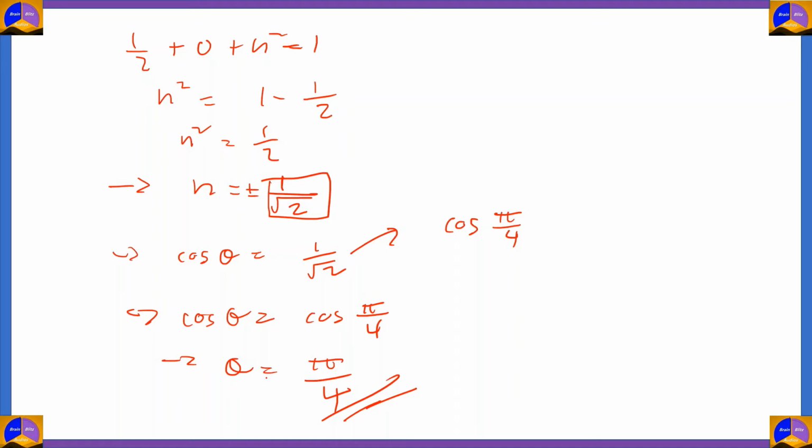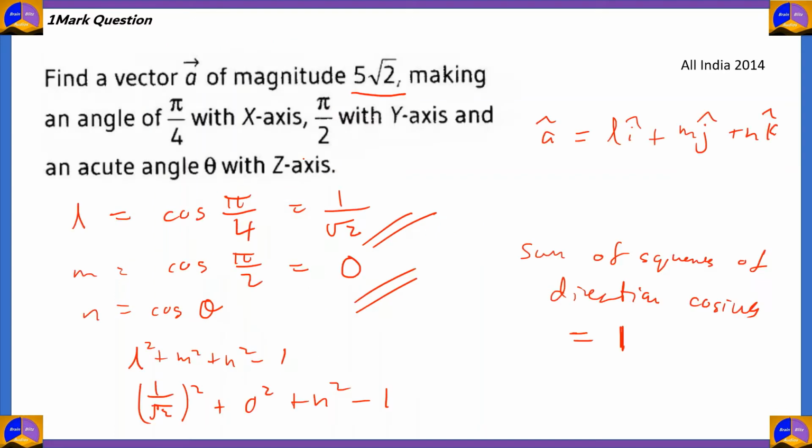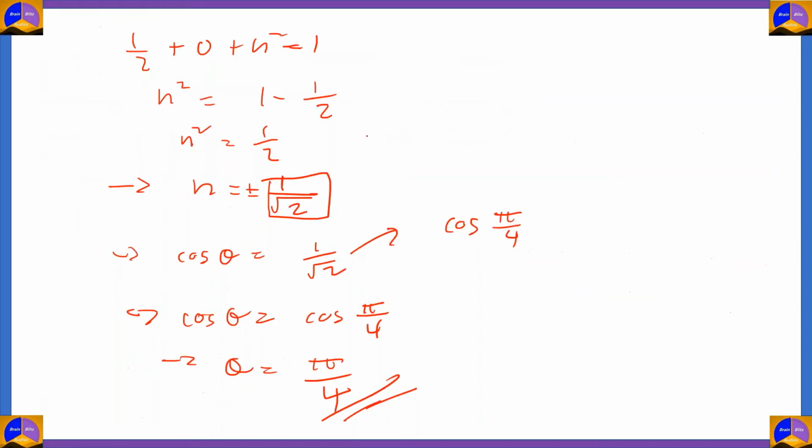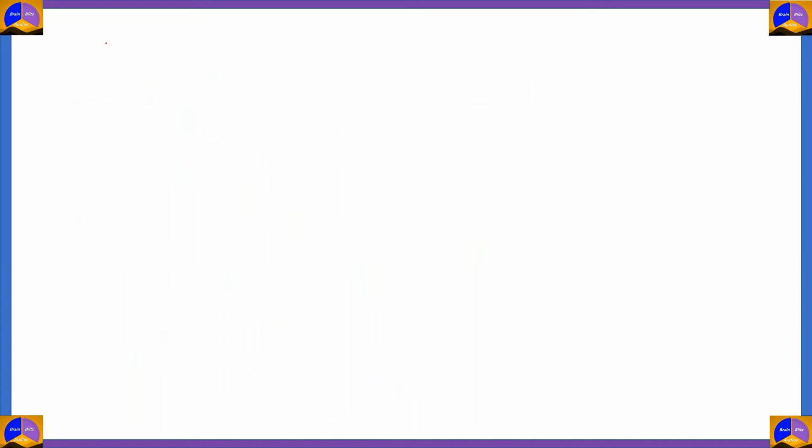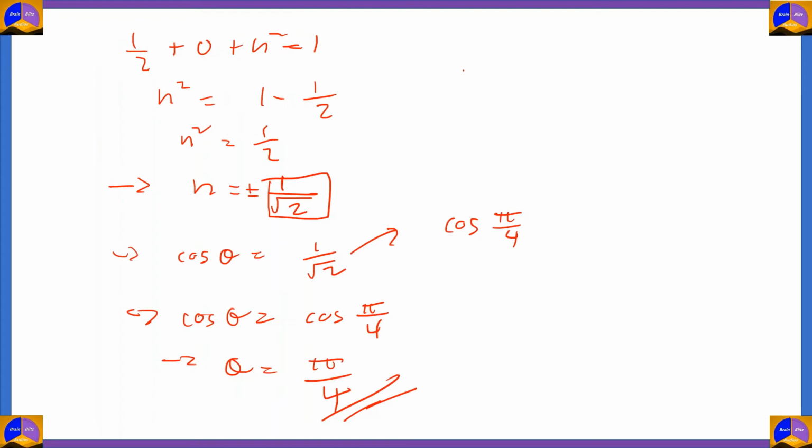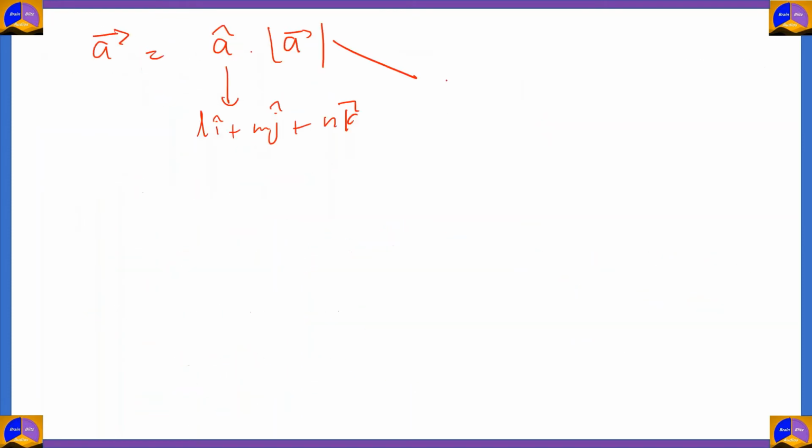Now we need to find the vector A. Vector A will be equal to A cap times the magnitude of vector A. The A cap is Li plus Mj plus Nk, and the magnitude is given in our question, which is 5 root 2.